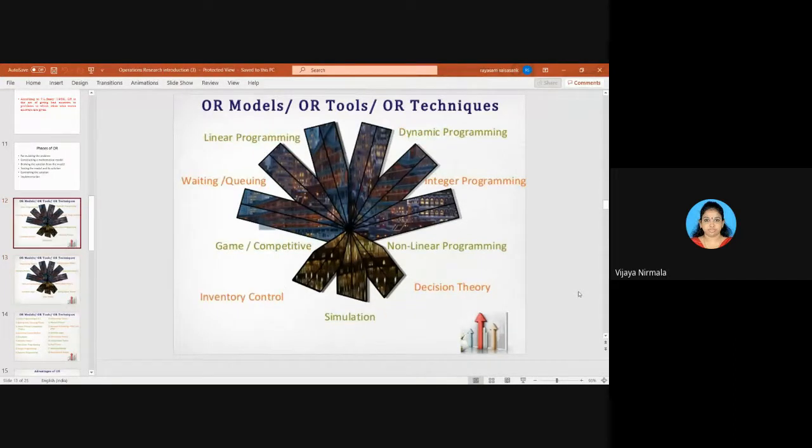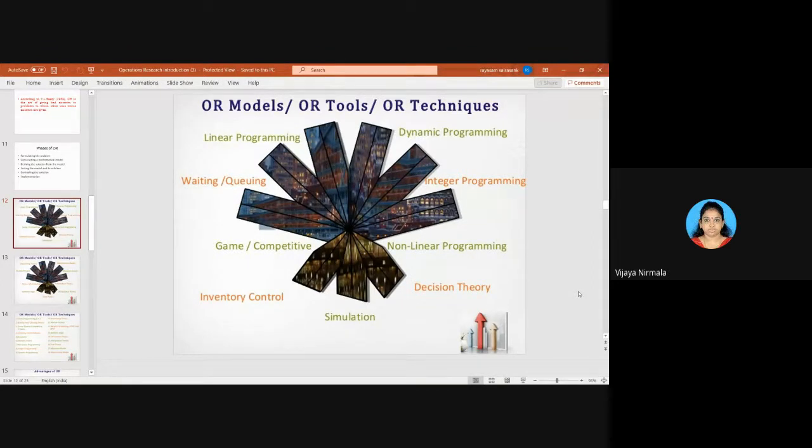In organizations, you can use any of these models. But from your syllabus point of view, we can't discuss all these models; it takes very long. You have only 5 models in your syllabus. Out of 18 models, you will study only 5.